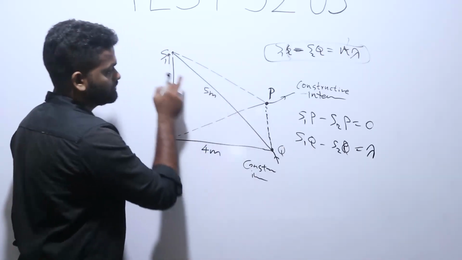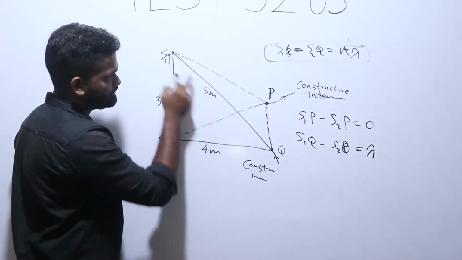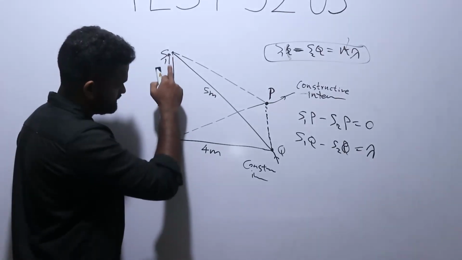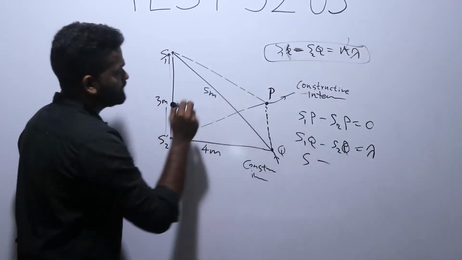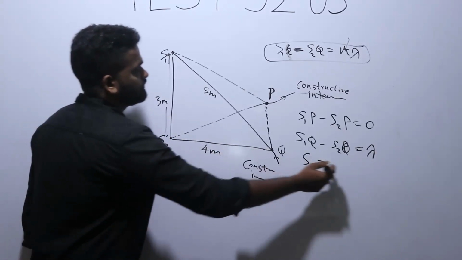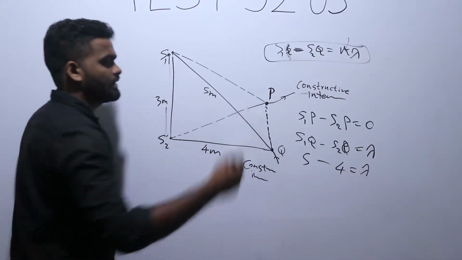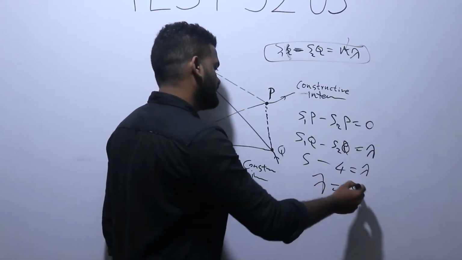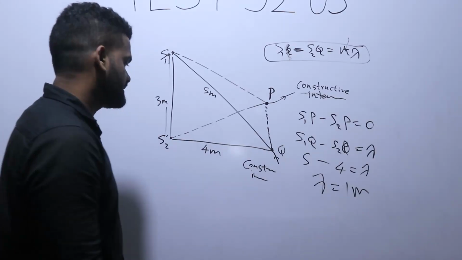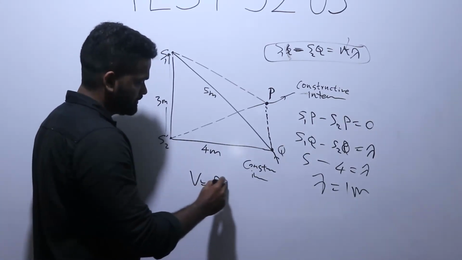S1Q you can find using the Pythagoras theorem. That is 3 and 4, so this length is 5. S2Q is 4. Now we found lambda, so lambda is 1 meter. Then it is easy, just apply V equals F lambda.